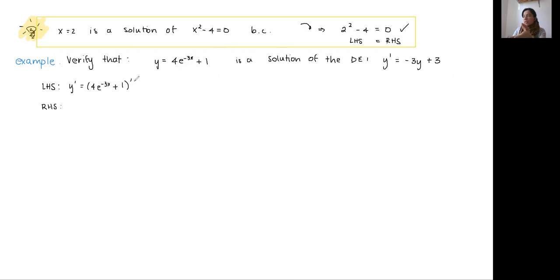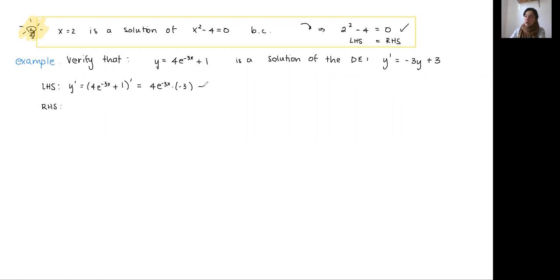And if I'm going to evaluate that derivative, that means I'm going to have to evaluate the derivative of the first term plus the derivative of the second term. So the derivative of the first term is going to be 4 times e to the minus 3 times x times minus 3, because the derivative of e to the negative 3x is going to be the same thing, e to the minus 3x times the derivative of the inside, which is just minus 3 in this case.